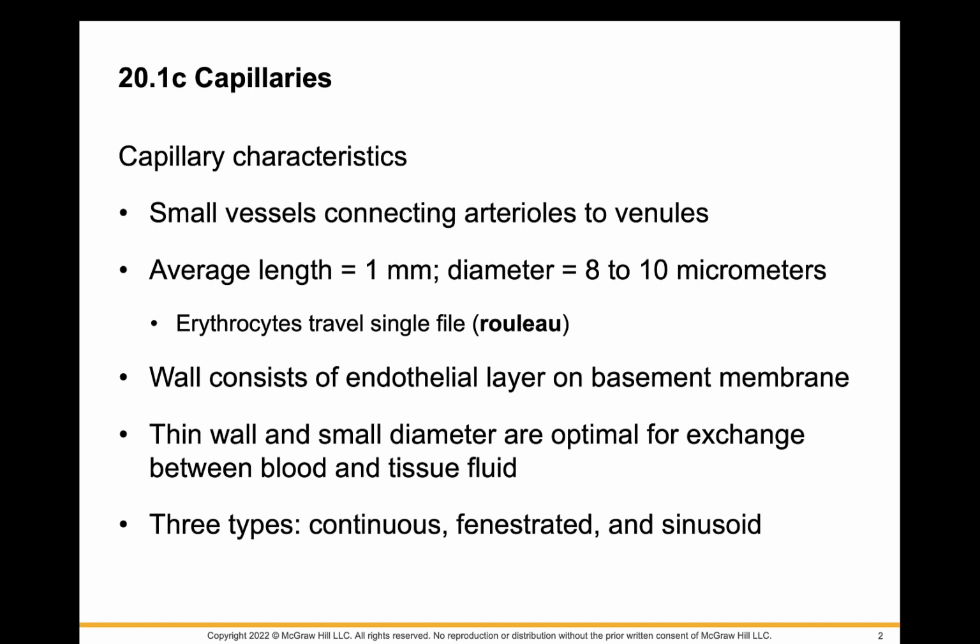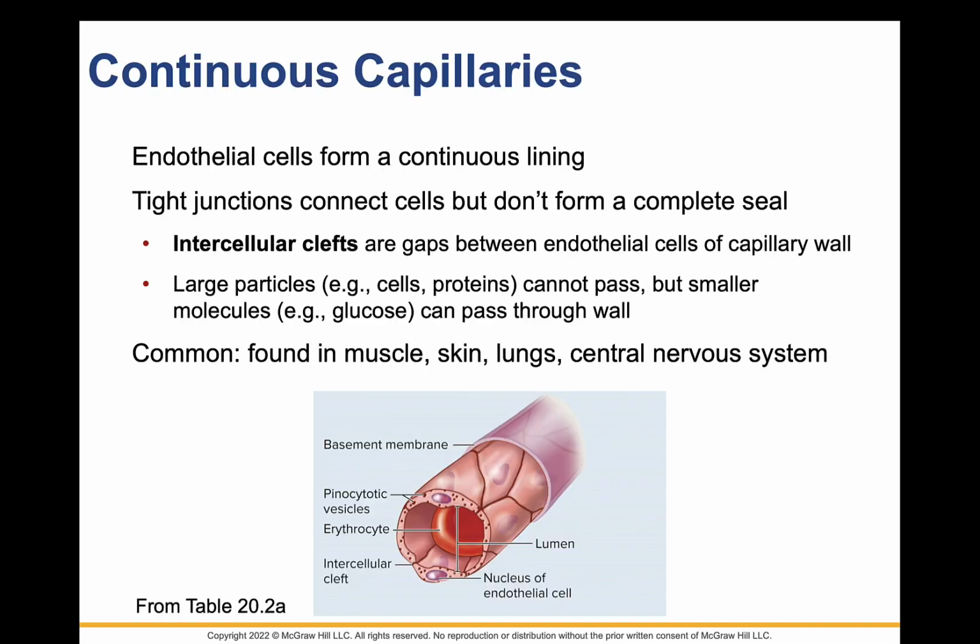There are three general types of capillaries, and we want to think of continuous, fenestrated, and sinusoid. Now, continuous, I also want us to think of as common. These are the most common of all capillaries. And I want to go back to A&P 1 when you covered a number of different types of connections between cells. Now, tight junctions, it's important to remember, are not a perfect junction.